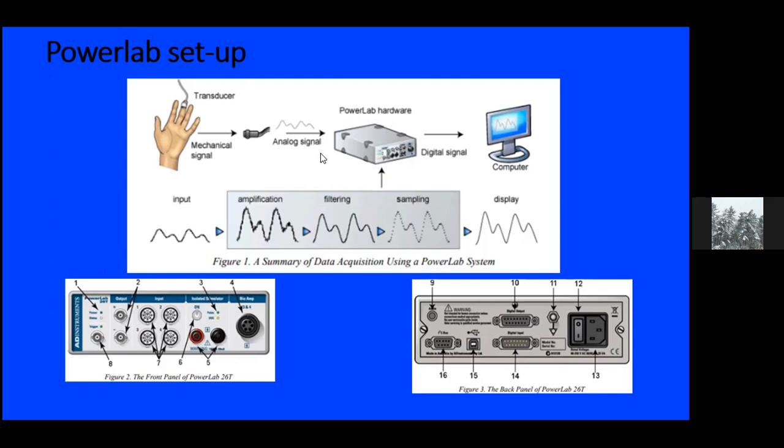Whatever information you'll be feeding to the Power Lab, say for instance you want to give a few millivolts to the Power Lab, you are going to change the knobs here. There is the on button, and you change the knobs, which will tell you for each particular channel what you are feeding the Power Lab.